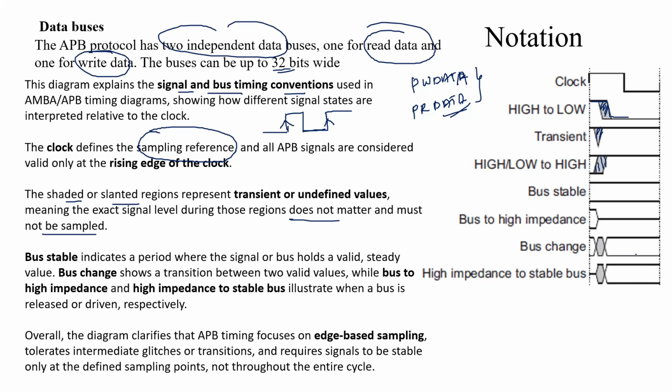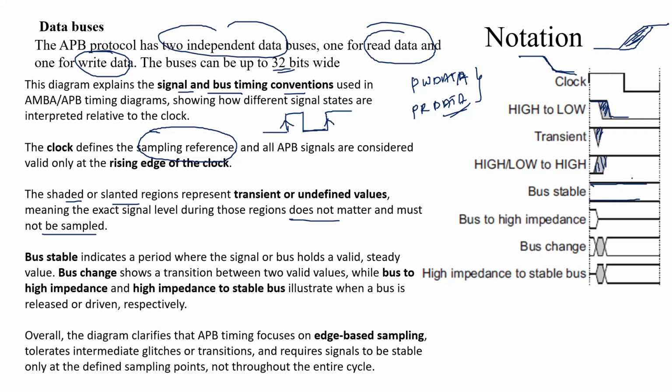And then the bus stable state. High to low and low to high, you know, right? This is the high signal and we are going to low; that is the high to low notation. Similarly low to high, it goes slantwise there. This region we don't care about, whether we sample the data or not, there is no problem. Bus stable means we are maintaining stable data.